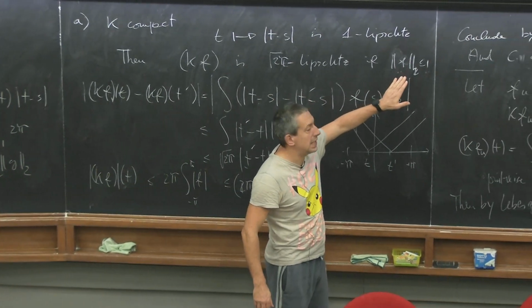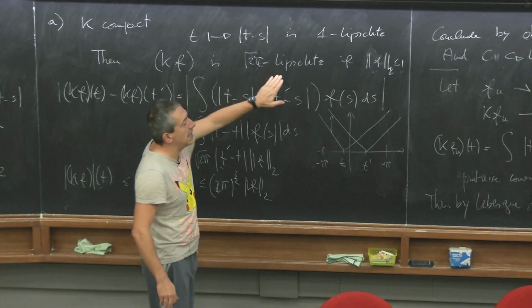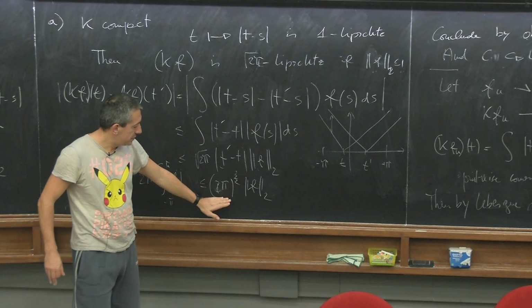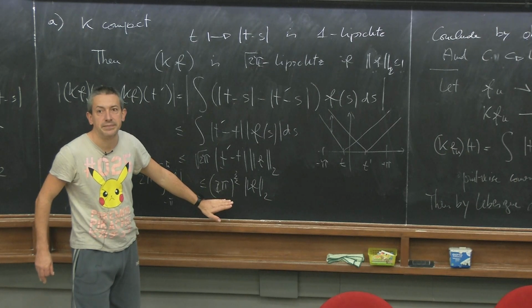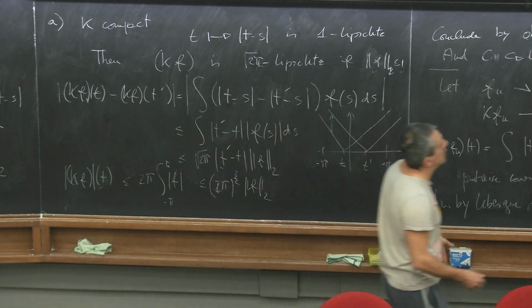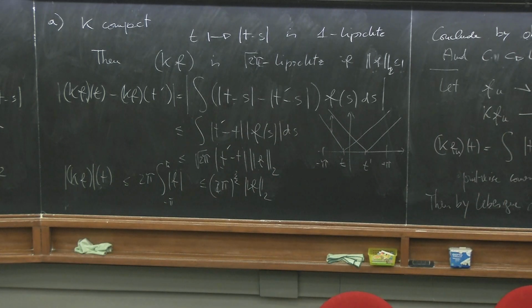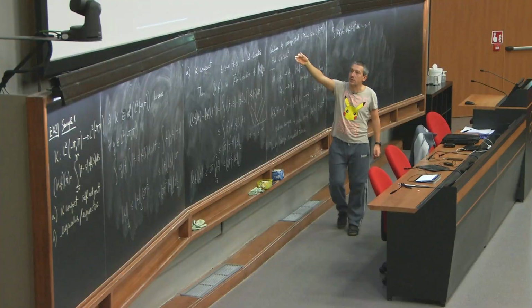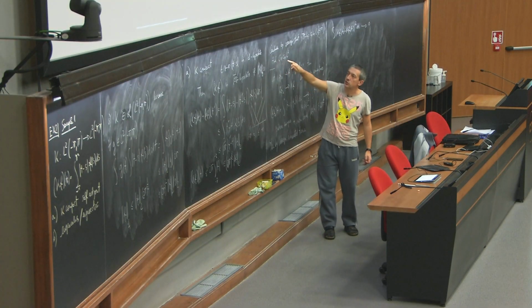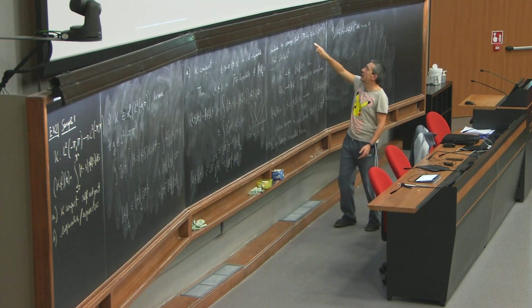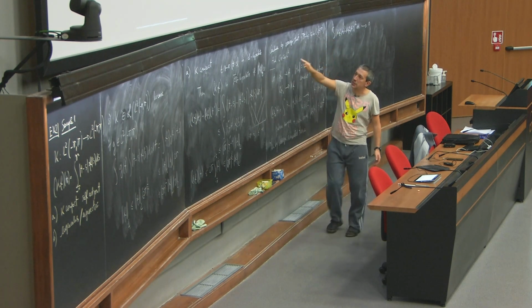The pre-compact set here is the 2 pi Lipschitz functions bounded uniformly by 2 pi to the 3/2. And why is it a compact set? Because it is certainly a compact set in the continuous functions, and the continuous norm is a stronger norm than L2, so C can be continuously embedded in L2. So if it is compact here, it is certainly compact here.